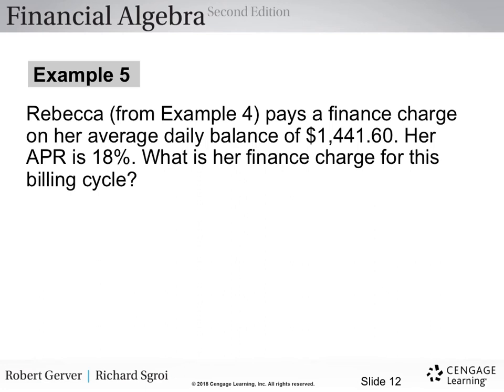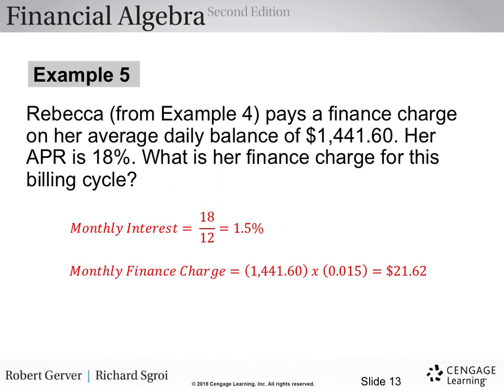All right, let's look at one last example. Now, Rebecca, from the previous example, pays a finance charge on her average daily balance. We figured out her average daily balance was $1,441.60. Her APR is 18%. What is her finance charge for this billing cycle? So what we're going to do is, first of all, figure out what her monthly interest is, okay? And we simply take the 18%, divide it by 12, and her monthly interest rate is 1.5%.